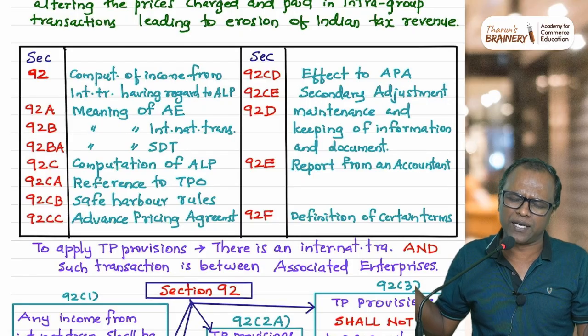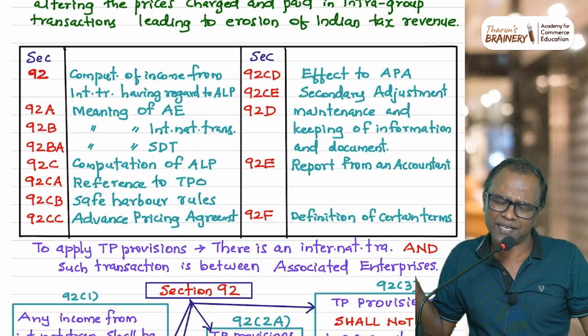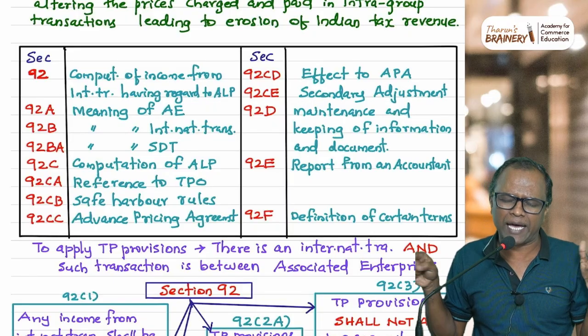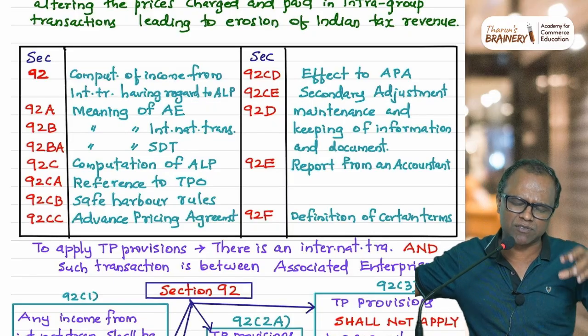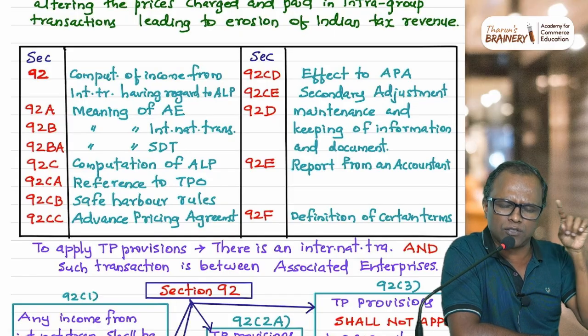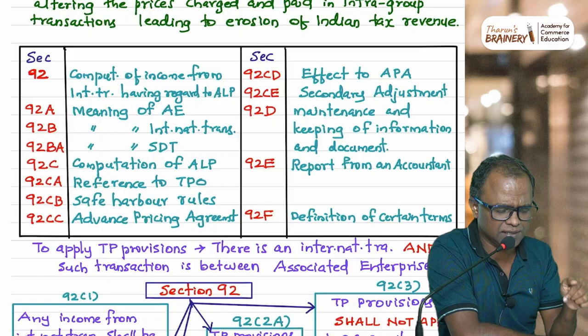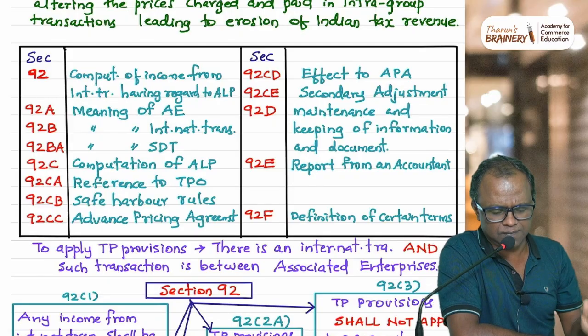He will try to enter into a transaction between the normal business and the 80IAB or Chapter 6 heading C business, and the price will be manipulated. Profit from the normal business will be diverted to this 80IAB. In that case also, domestic transfer pricing provisions will be applicable. So that is a specified domestic transaction.